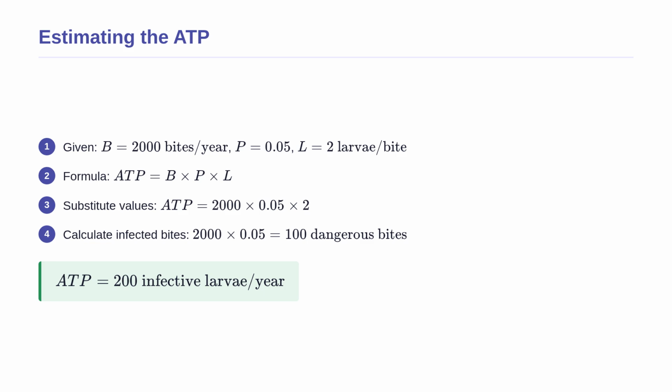First, we multiply 2,000 by 0.05 to filter out harmless bites, revealing 100 dangerous bites. Then we multiply by 2 larvae per bite. The final answer is an ATP of 200 infective larvae per year. This massive infectious load indicates a severe transmission zone, requiring urgent vector control.